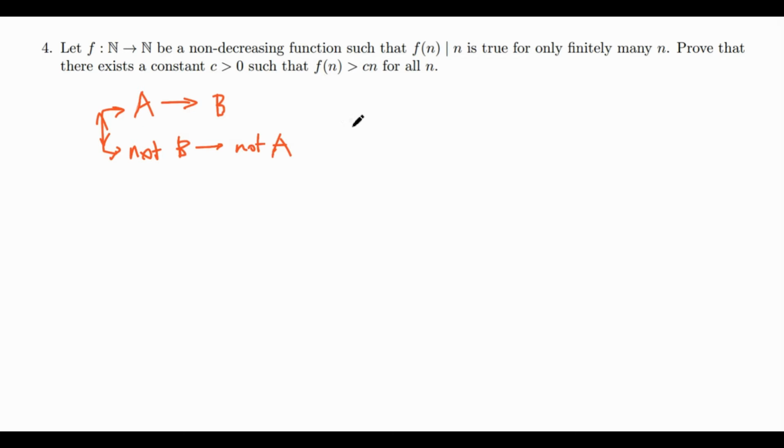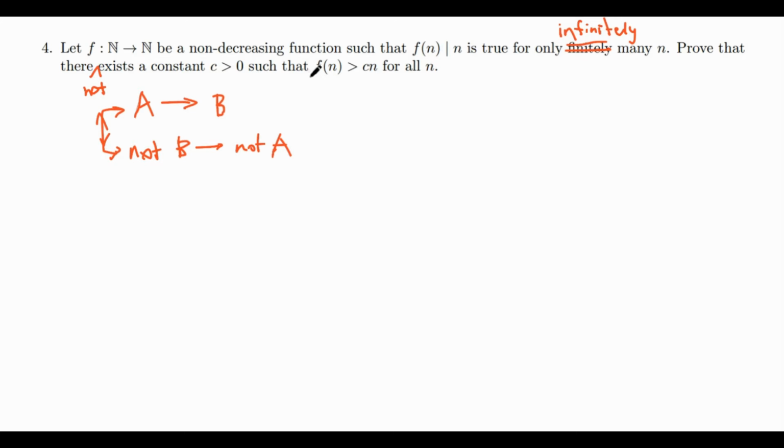The contrapositive of this problem would be that if there does not exist any constant c greater than 0 such that f of n is greater than cn for all n, then we prove that f of n divides n is true for infinitely many n. So if f of n greater than cn is not true for any c that we choose, then we prove that f of n divides n for infinitely many n.